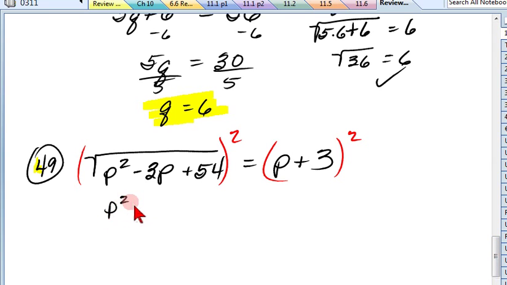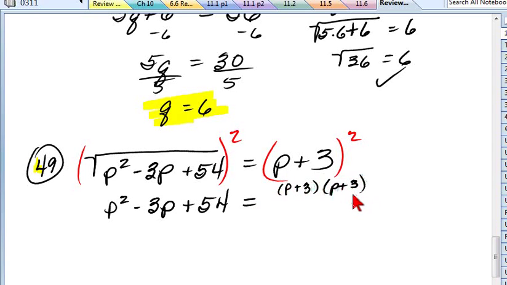That's going to give me p squared minus 3p plus 54 equals. Now on the right side, you need to be careful. When you square p plus 3, many people would need to think of it as p plus 3 times p plus 3 so that you won't lose anything. You're going to get p squared plus, the outer product is 3p, but the inner product is 3p, for 6p plus 9.